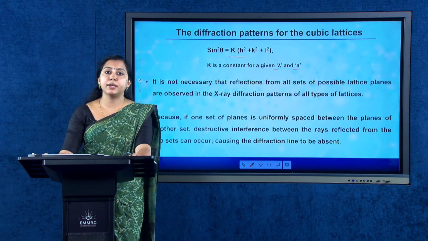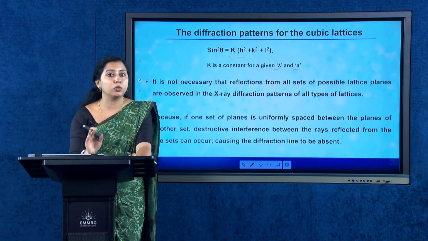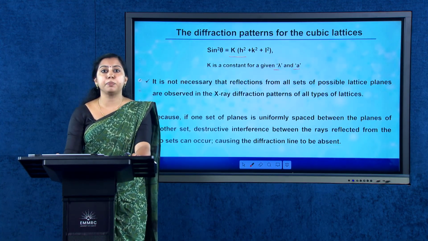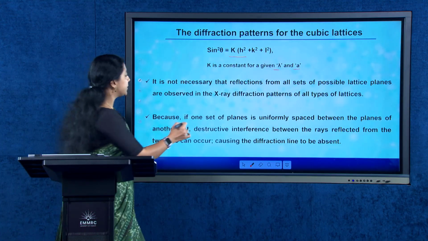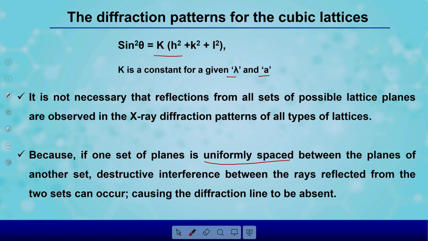However, it is not necessary that the reflections from all sets of possible lattice planes are observed in the powder diffraction pattern. And this is because if one set of planes is uniformly spaced between the planes of another set, destructive interference between the rays reflected from the two sets can occur.